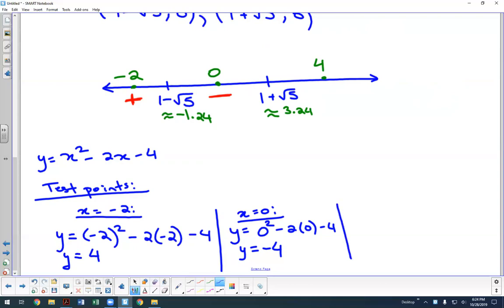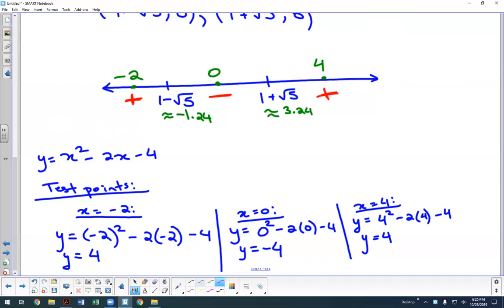And our last test point was +4. That will be 4 squared minus 2 times 4 minus 4, so 16 minus 8 minus 4. You still end up getting a +4. And that means in this last interval, everything is going to be positive.